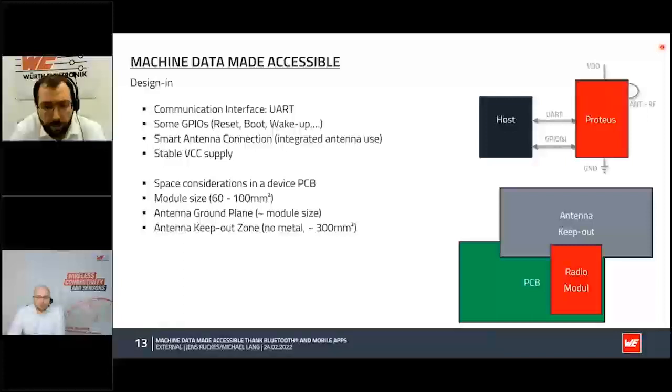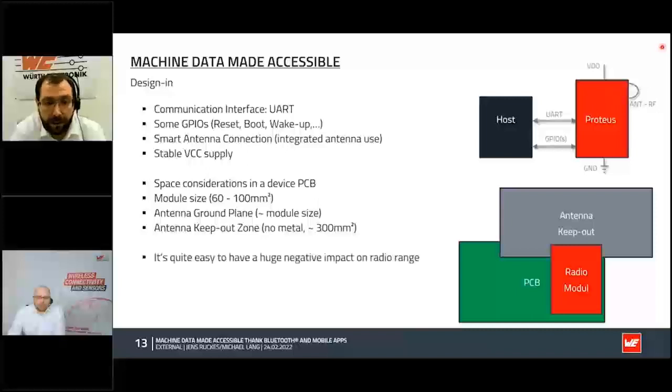This could be on the bottom side of the radio module or on your host PCB, for example. On the other hand, you always need a so-called keep out zone, which should be metal free. So as not to have a Faraday cage effect and to get the radio waves out of your device, you want some areas, 3D areas, not only 2D as shown here, without any metal that could interfere with the radio waves.